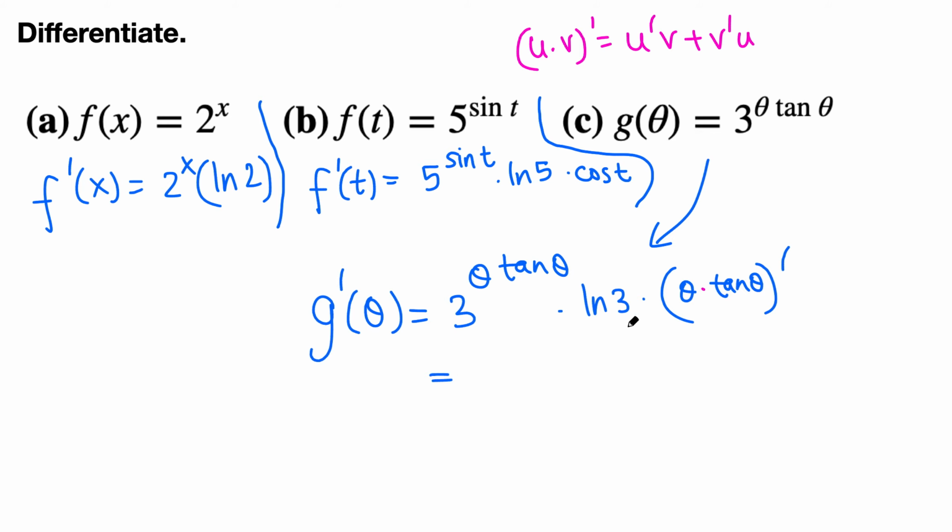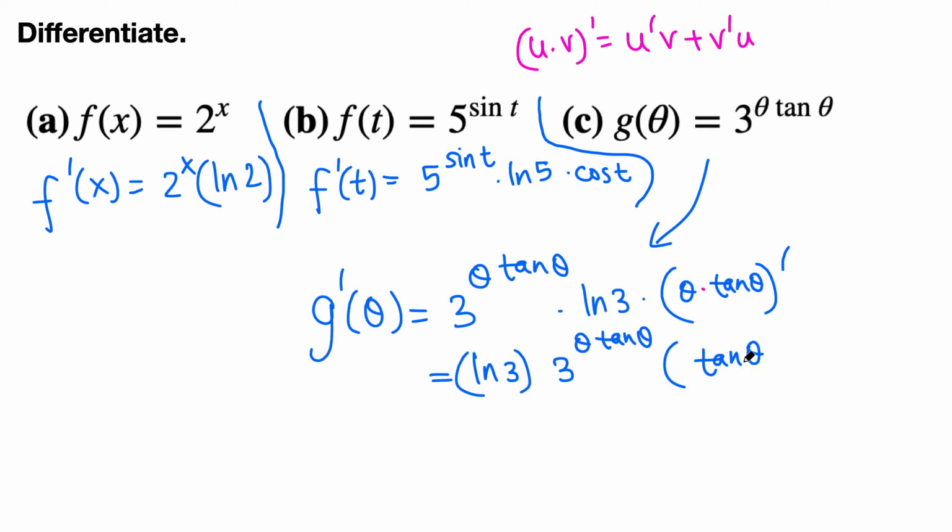ln 3 is a number, decimal number, so I'm going to write it in the front. No parentheses needed, times 3 raised to theta tangent theta times the u v derivative. So derivative of theta with respect to theta is 1 times tangent theta.